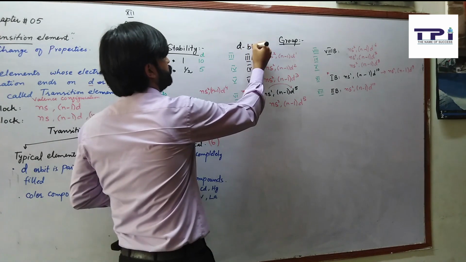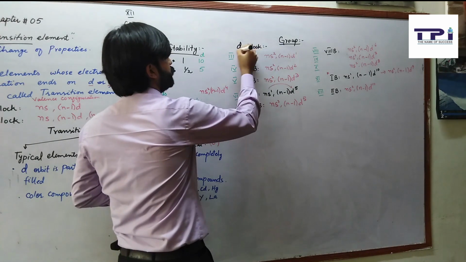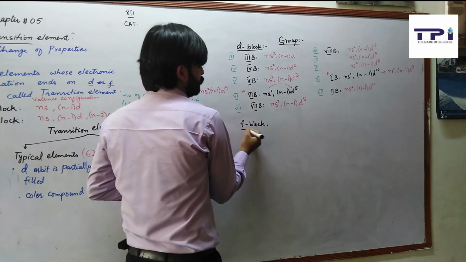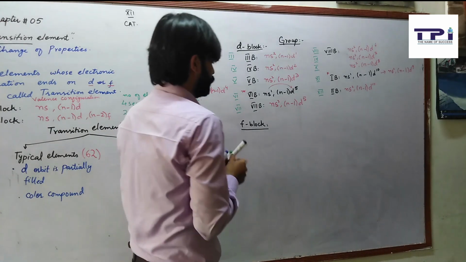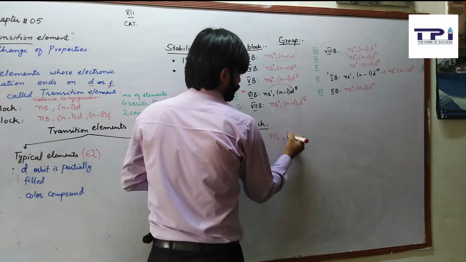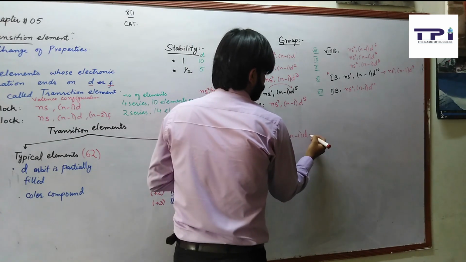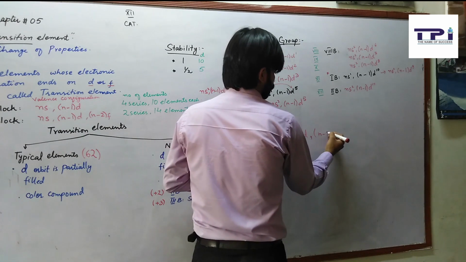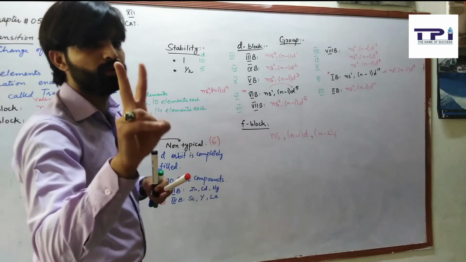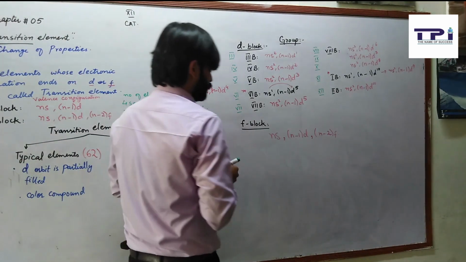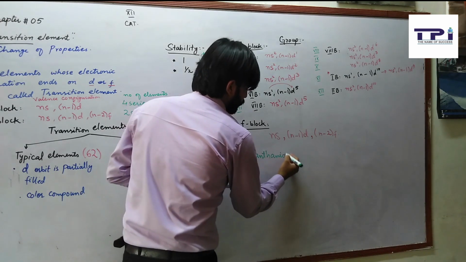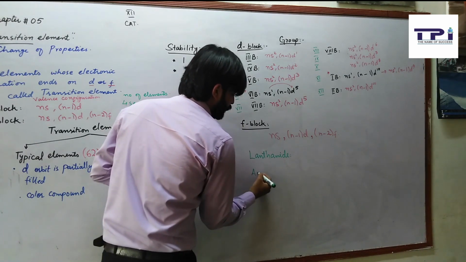For the sake of F block. D block has been discussed. Now we are going to discuss F block. F block, you have to memorize that the valence configuration is ns (n minus 1)d (n minus 2)f. How many series are there in F block? You have 2 series. One of them is lanthanide, and the second one actinide.